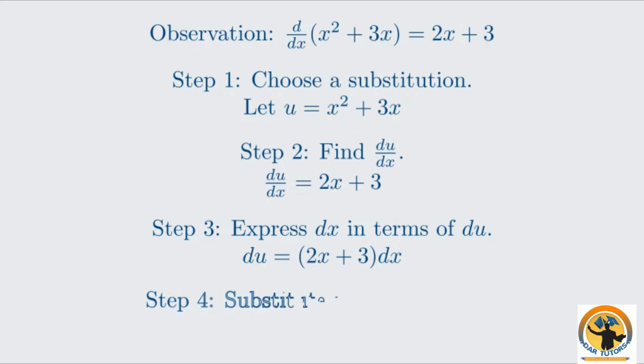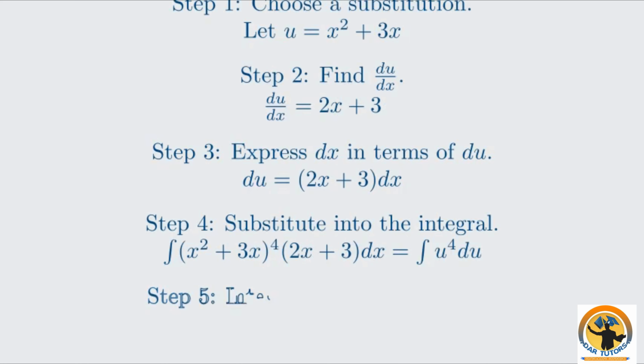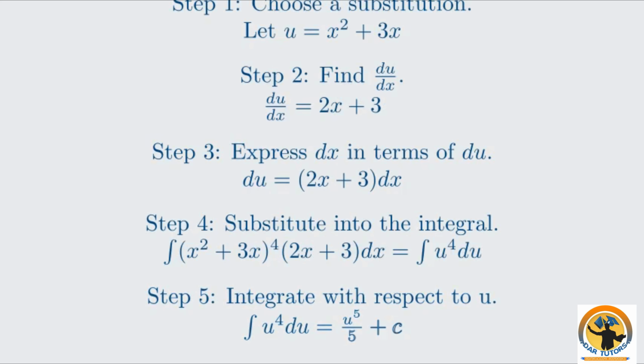The term x squared plus 3x becomes u, so we have u to the power of 4. The term (2x plus 3) dx is exactly du. Our integral is now simply the integral of u to the power of 4 with respect to u. This is a basic power rule integral. The integral of u to the 4 is u to the 5 over 5, plus our constant of integration, C.